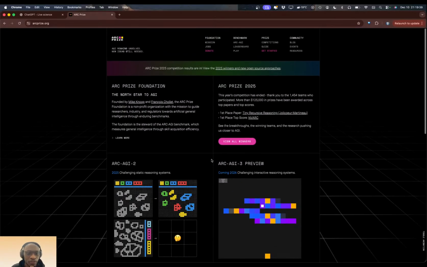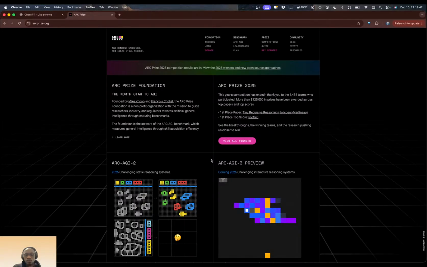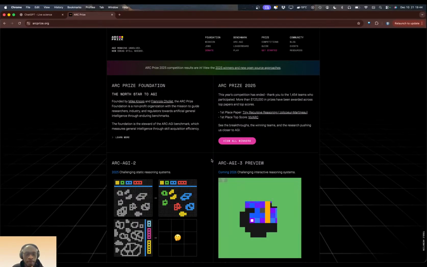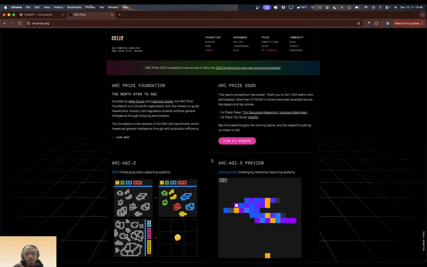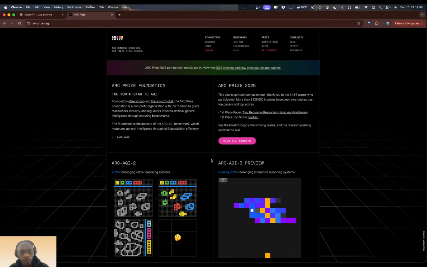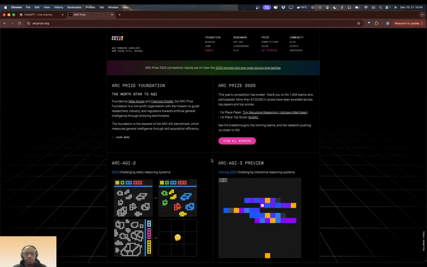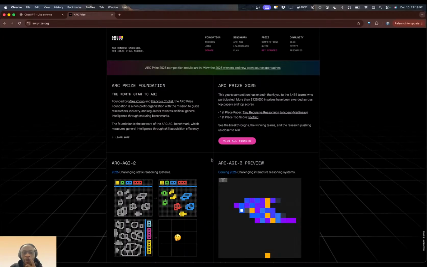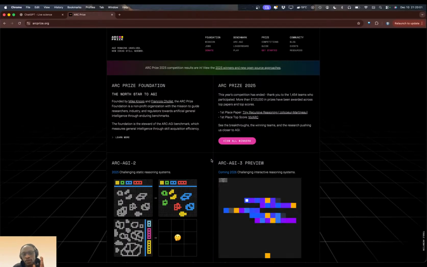If you're familiar with the ARC Prize, it is an interesting prize for benchmarking how AI systems perform on tasks that are usually well performed by humans. We have two goals.